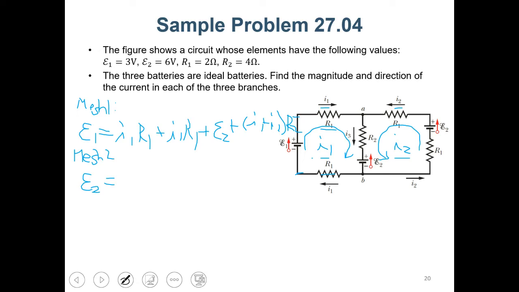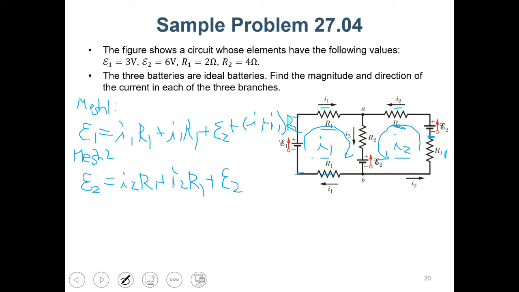So E2 should be equal to... no, not this. Should be starting from here. E2 is from here. So in this case, R1 should be positive. So we have I2 R1 plus I2 R1, and then E2 is a voltage drop. So positive sign on the right hand side.